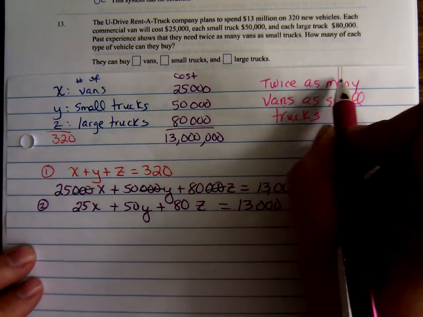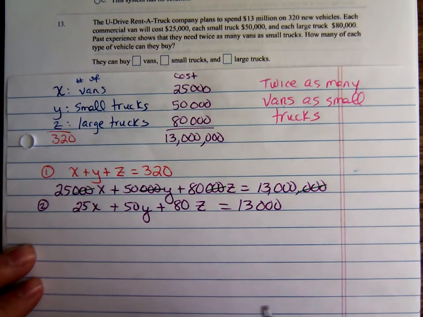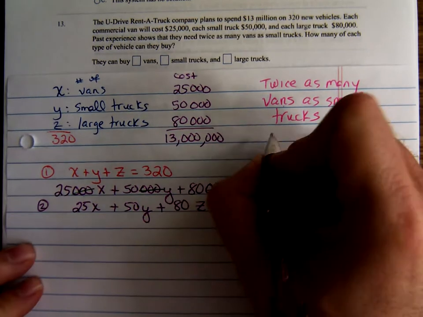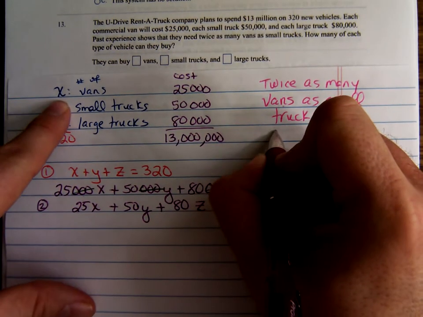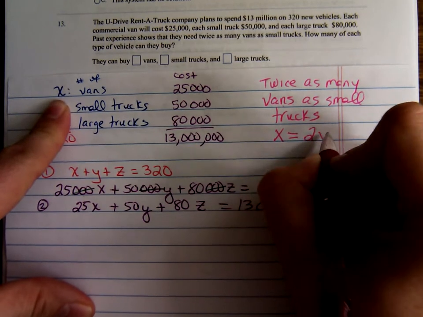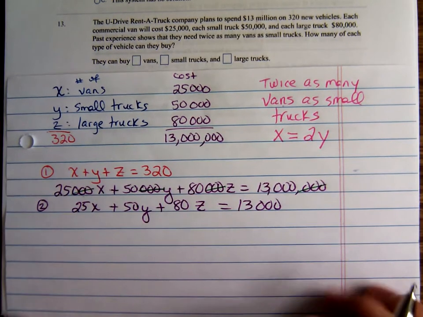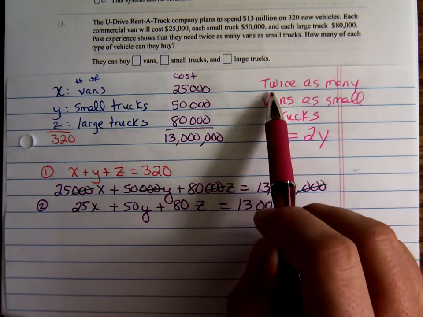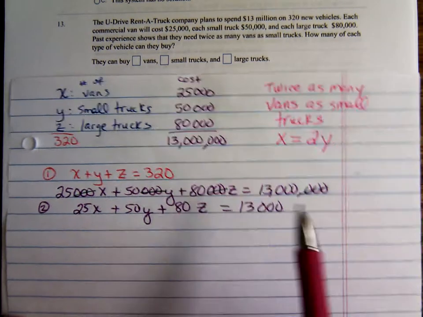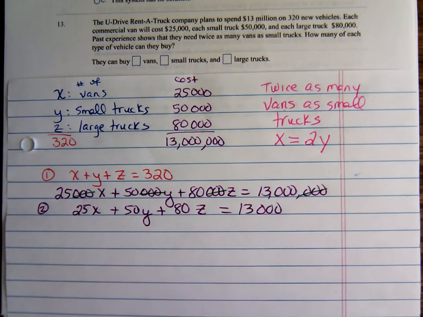How many vans would they need then? Well, you're thinking 2 times 100, 200. The number of vans, that's x, is equal to 2 times y. That's how you write they need twice as many vans as small trucks. Sometimes students will reverse it. They'll write 2x equals y. No.